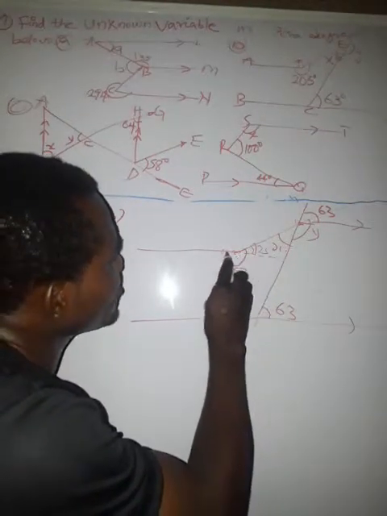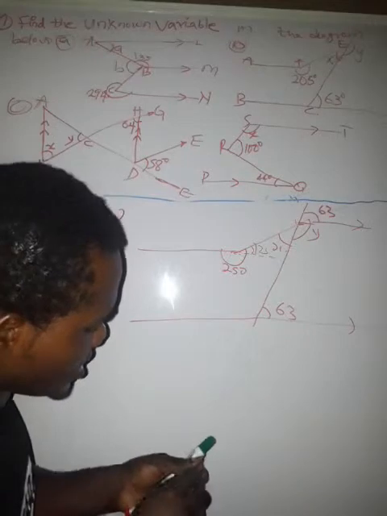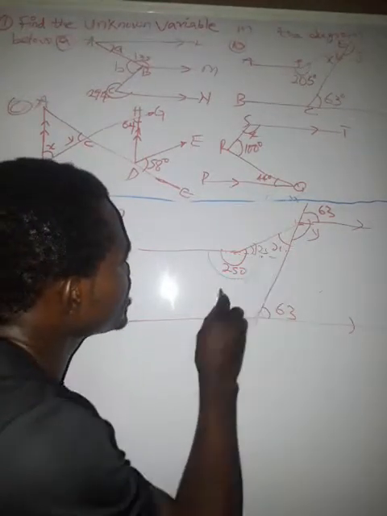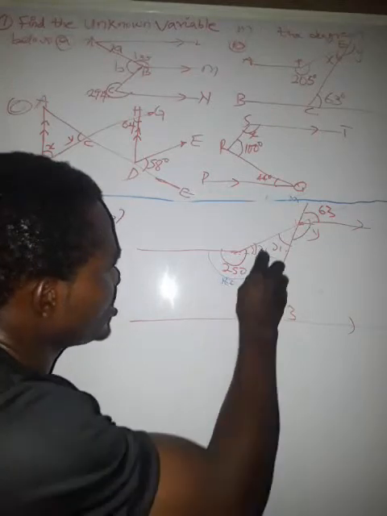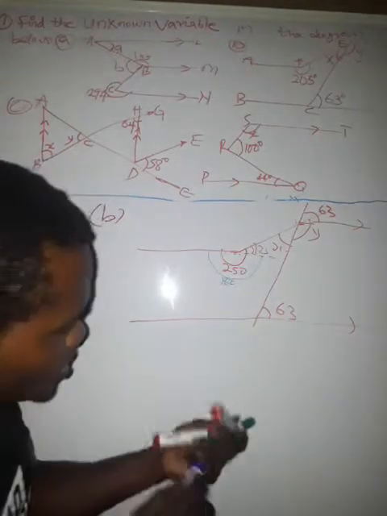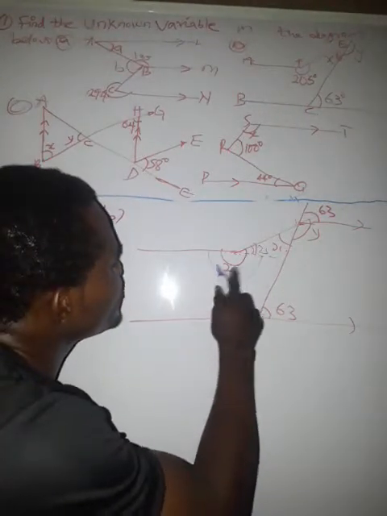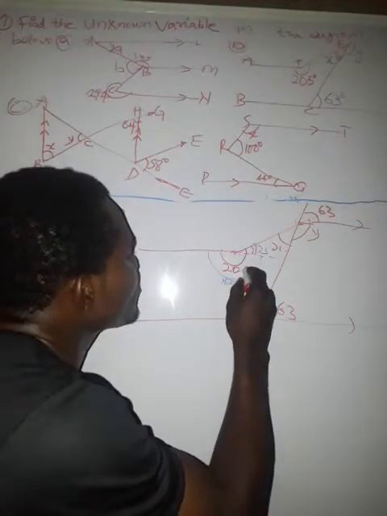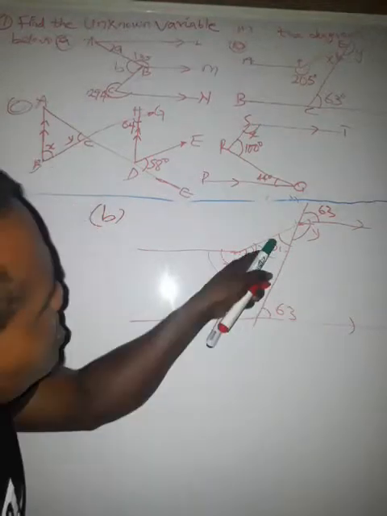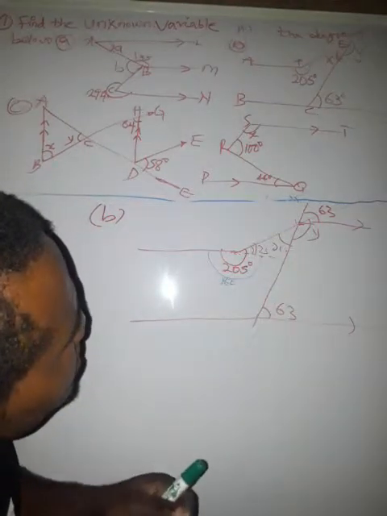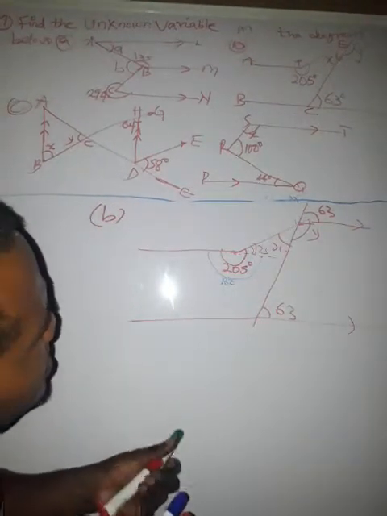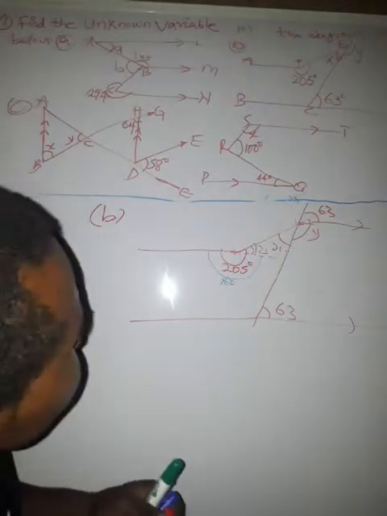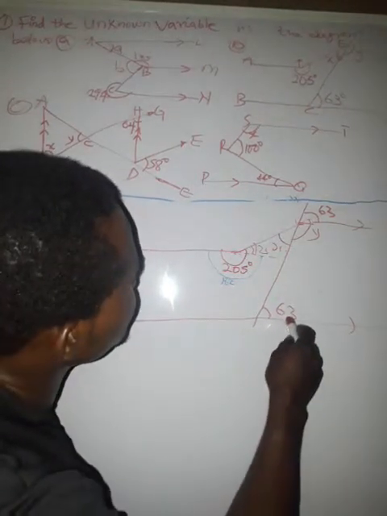So from here to here, I use a different marker. From here to here, angle on a straight line is 180. Then plus 25. That will give me 205, not 250. 205 degrees. So this place is 25.